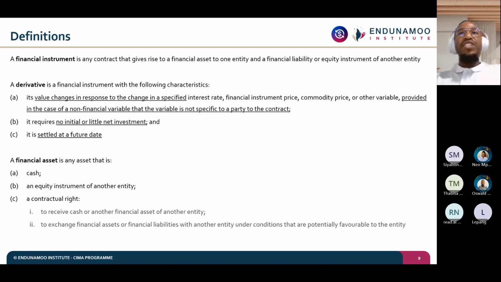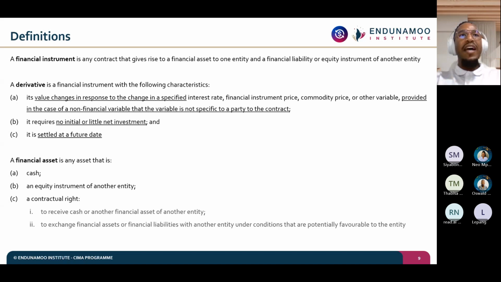Now, when coming to our definitions, which are very key, the first definition that we need to understand is that of a financial instrument. So first and foremost, a financial instrument has to be a contract, and a contract that gives rise to a financial asset in one entity's hands and a financial liability or equity in the hands of another entity.